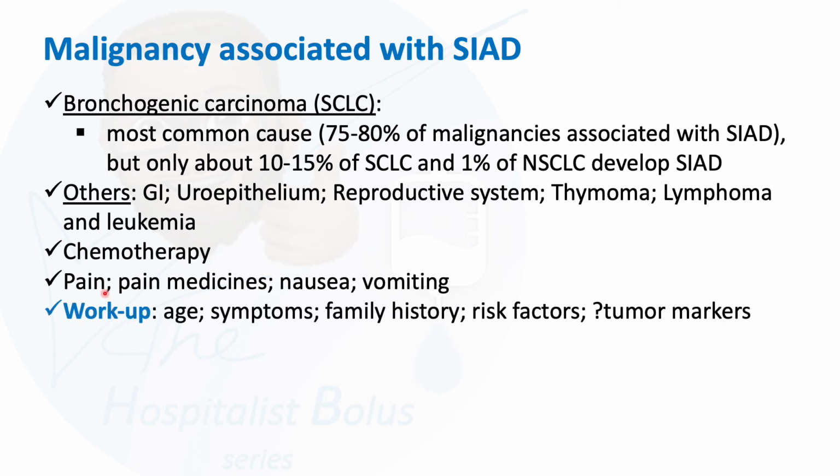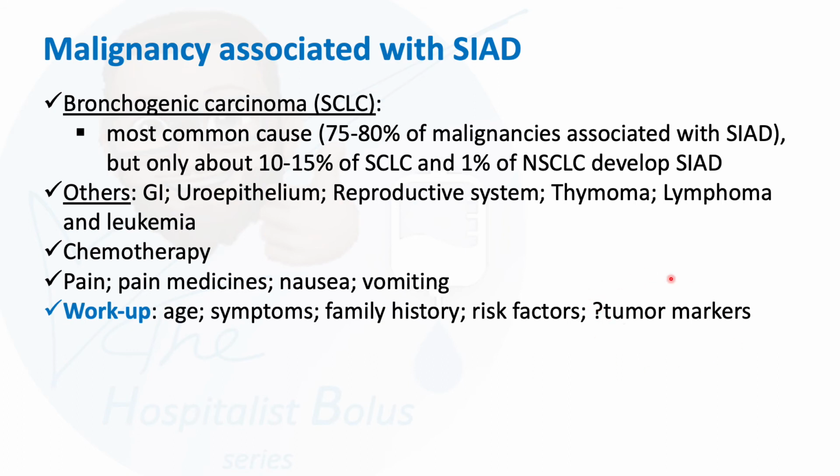So what's the workup? What to do about it? There is no strict single guideline. It's really case by case. So you take into consideration the age of the patient, the gender of the patient, symptoms of the patient, family history, of course, and risk factors for certain malignancies. And the tumor marker is really questionable.